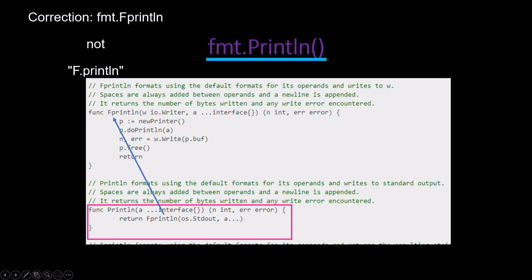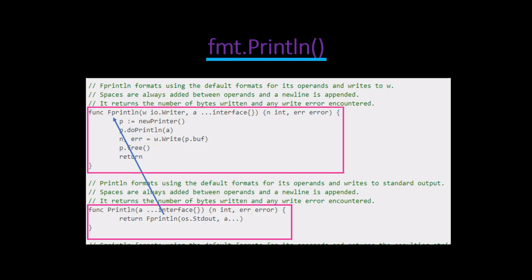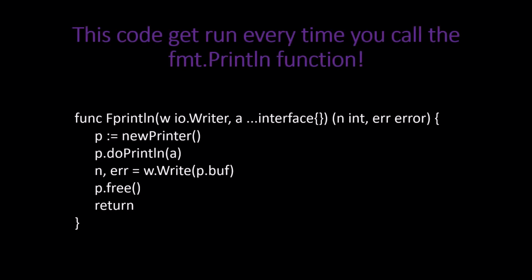And that function is defined right above. And so essentially, whenever we call this Println function, we're calling Fprintln with a few additional parameters, and it's executing all of that code within that function. So imagine if you had to write that code every single time you wanted to print something out to the console. Thankfully, we don't, because functions exist.